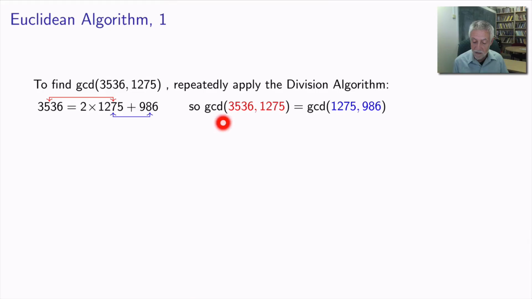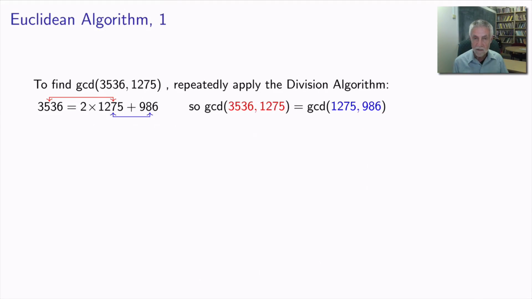So in particular, the greatest common divisor of those two is the same as the greatest common divisor of these two. We started off with two integers, a bigger one and a smaller one, and we've found that their greatest common divisor is the same as the greatest common divisor of the smaller one and the remainder after we use the smaller one as a divisor.